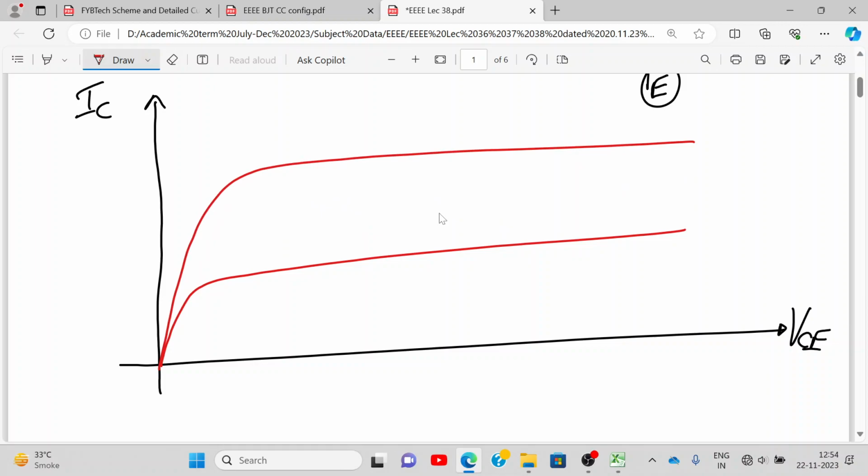Please don't draw yet. These are different values of IB. Okay. Now tell me the saturation region over here. So I'll draw this line.